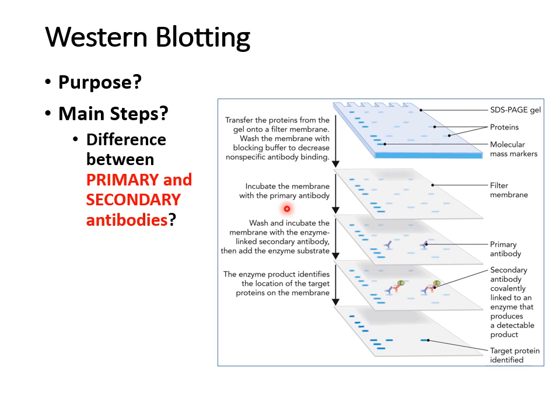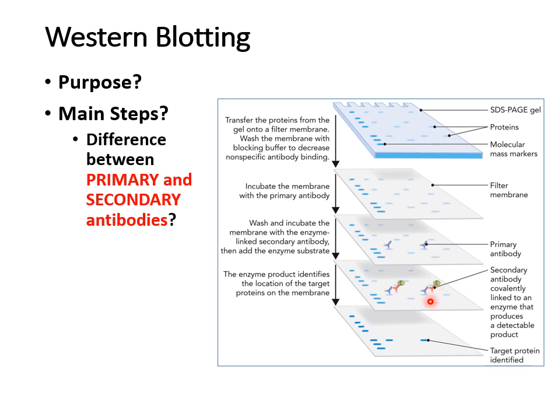The secondary antibody, on the other hand, is a non-specific or general antibody that will bind to any of the primary antibodies. So that one's not binding to tau in our example. Instead, it is binding to the primary antibody. What's special about the secondary antibody is that not only does it bind to the primary antibody, but it's covalently linked to an enzyme that produces a detectable product.